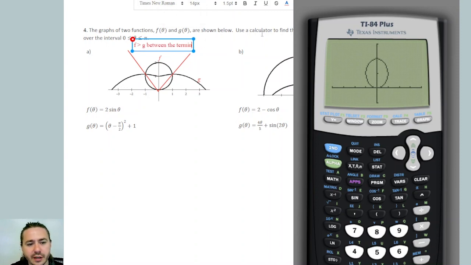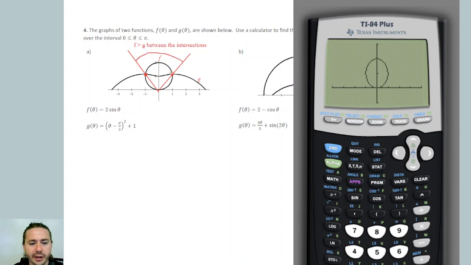Between the terminal sides, or I'll say between the intersections. So if we were to find the theta value of this intersection and this intersection, we could say that our solution set would be in here, basically.